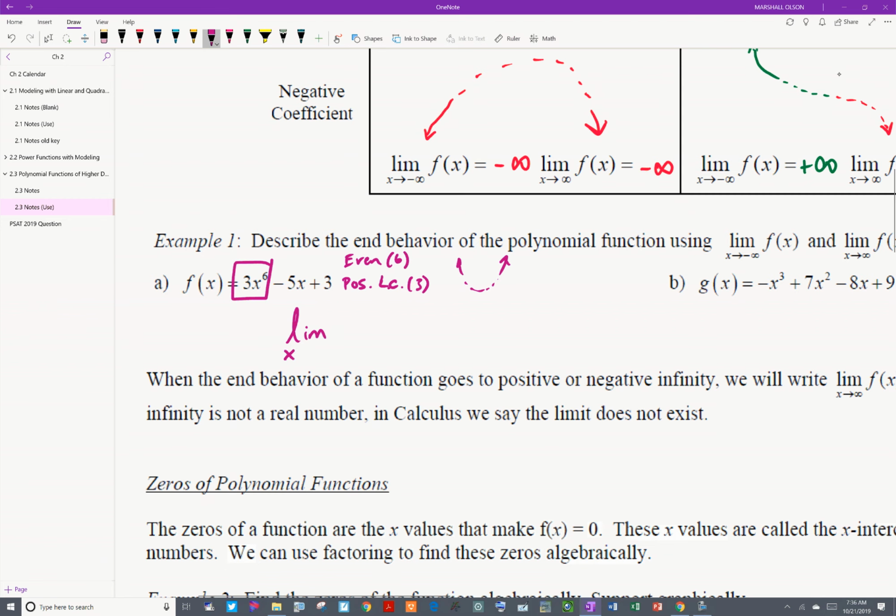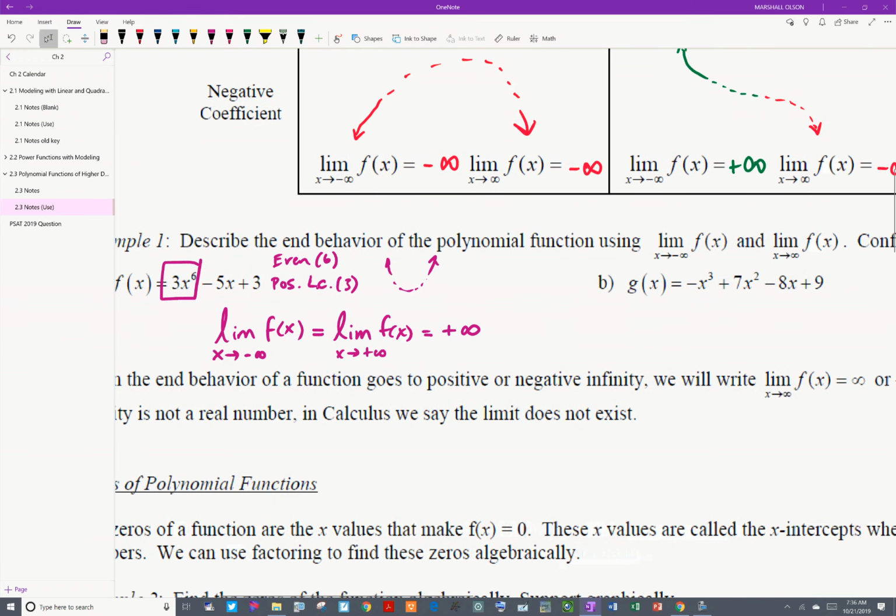The limit as x approaches negative infinity, and I'm going to do two separate limits here, of this function f of x. And what I'm going to do though is instead of saying that it equals positive infinity, since they both equal the same thing, I'm going to say that the limit as we approach negative infinity equals the limit as we approach positive infinity, which equals positive infinity.